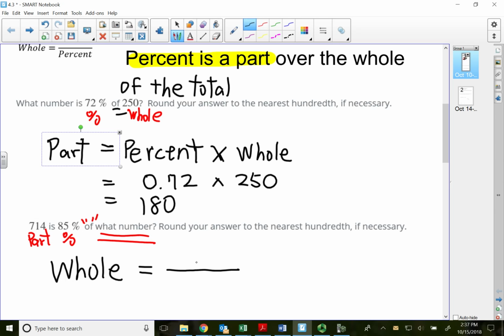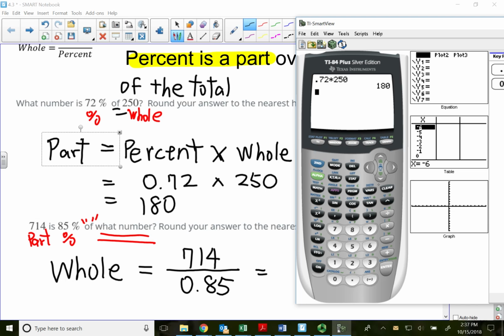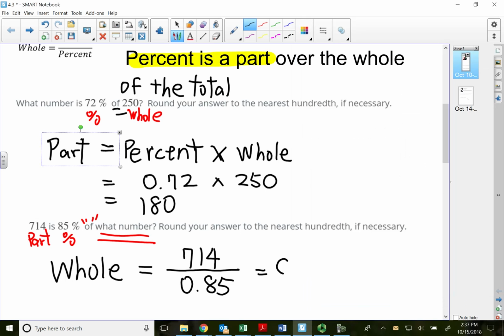If I take my part, 714, divided by the percent, which is 85%, or 0.85 in decimal notation, I will get my whole. 714 divided by 0.85, my whole is 840.